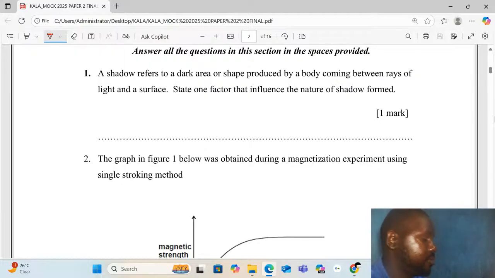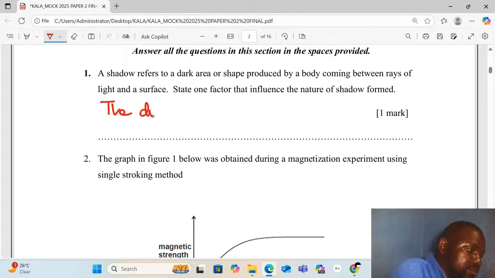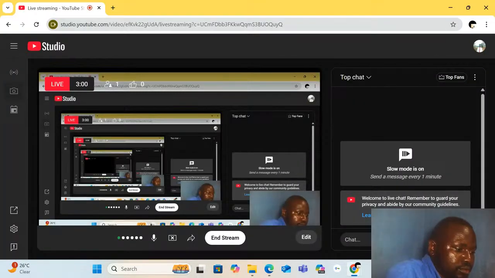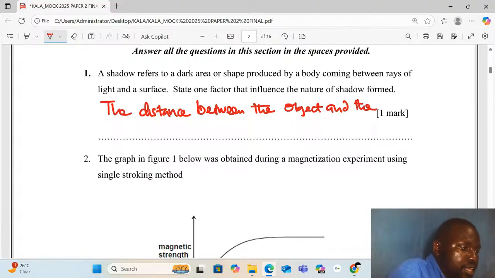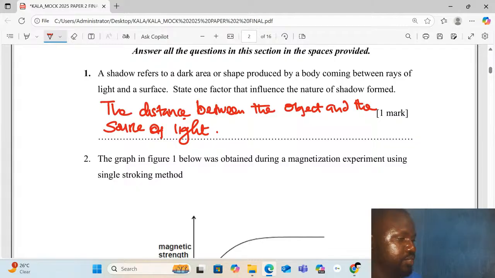The distance between the object and the source of the light, that is a key factor to the same.